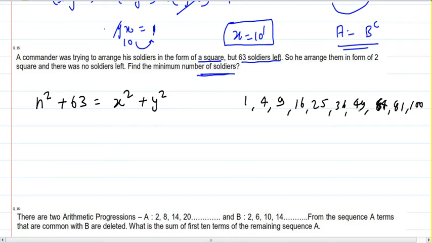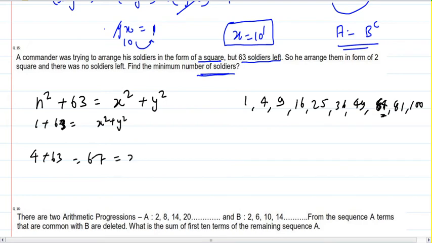Because I'm looking for the least value. If none of these values work, I will skip the question. If I put n as 1, 1 plus 63 is 64. Can I form 64 as sum of two squares? 1 plus 49, 4 plus 36? No, I cannot.